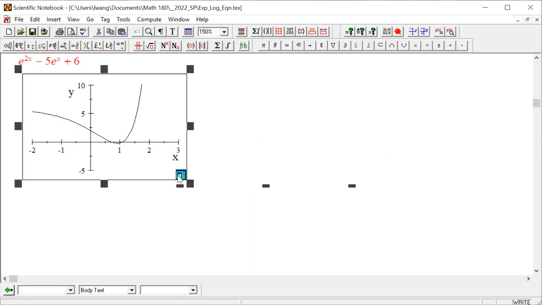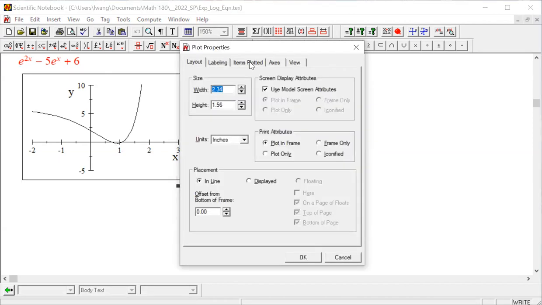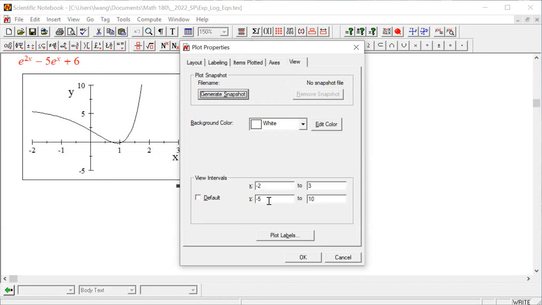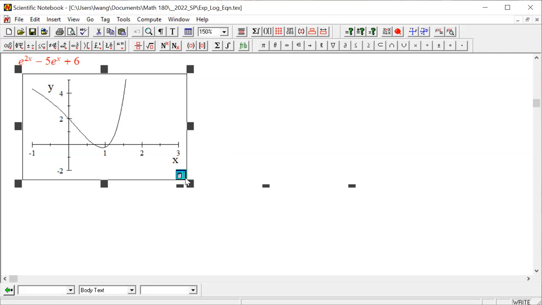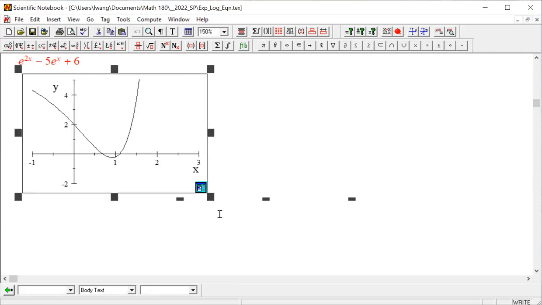Let's make some adjustment to see how big. So let's do some zooming. Yeah, look at that picture. So we do have a little piece that's negative, right?